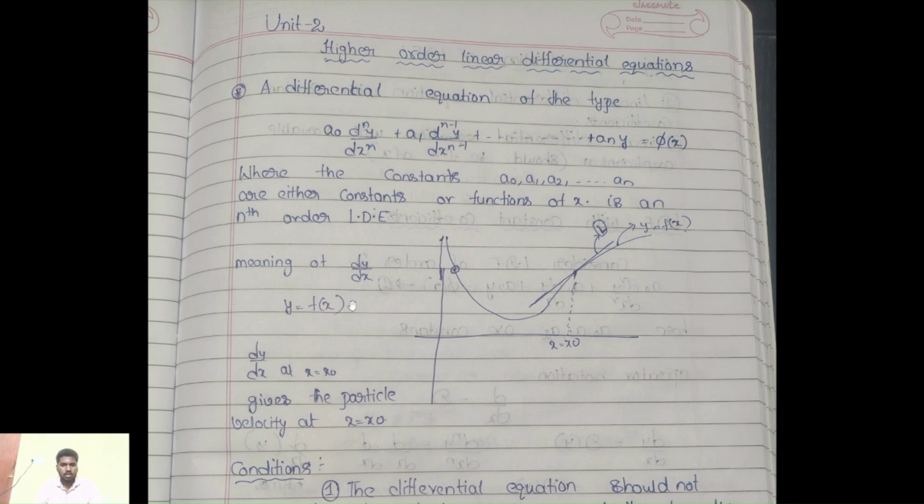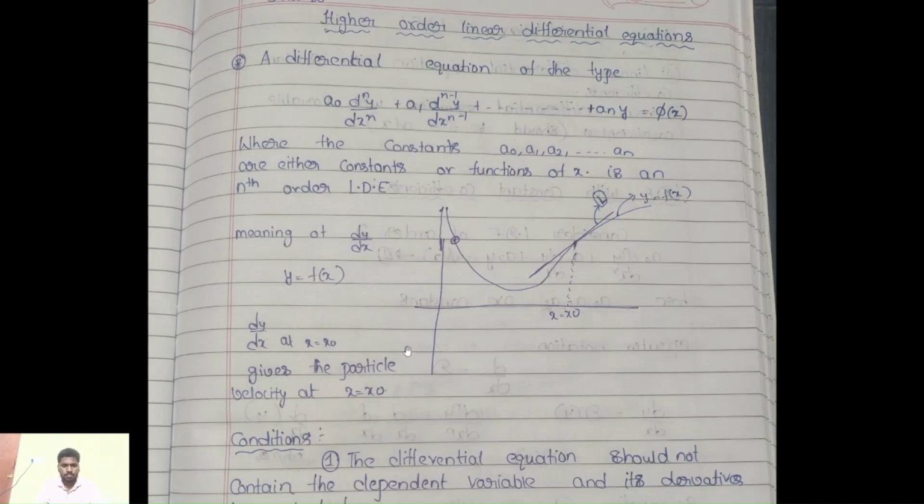Here let us consider dy/dx. dy/dx means the rate of change of y with respect to x. So here y is the dependent variable and x is the independent variable.